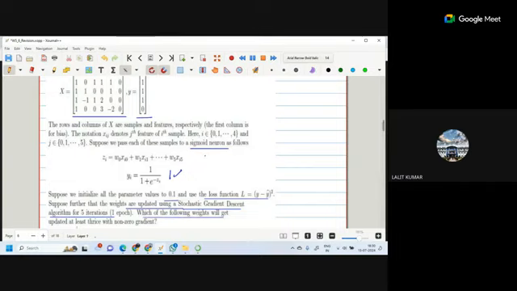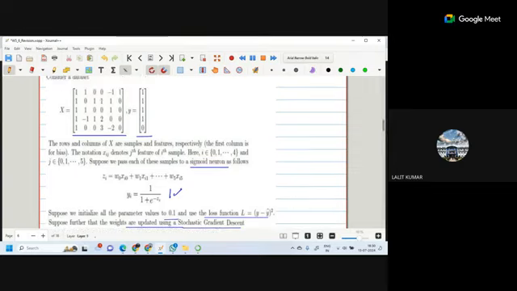Which of the following weights will get updated at least thrice with non-zero gradient? For example, this is W0, this is W1, W2, W3, W4, and W5. There are 5 iterations that have taken place. W0 is bias. So which ones will get updated?